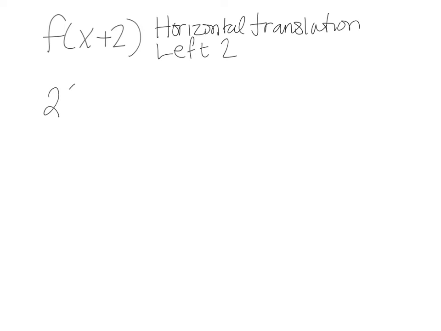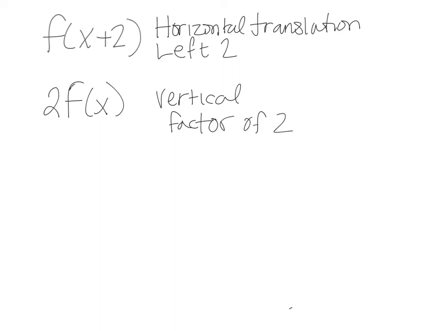Then 2 times f of x, multiplication is shrink and stretch, outside is vertical. And our factor, so vertical, the factor is exactly the same. A is the number in front. So because a is greater than 1, it makes this a vertical stretch factor of 2.